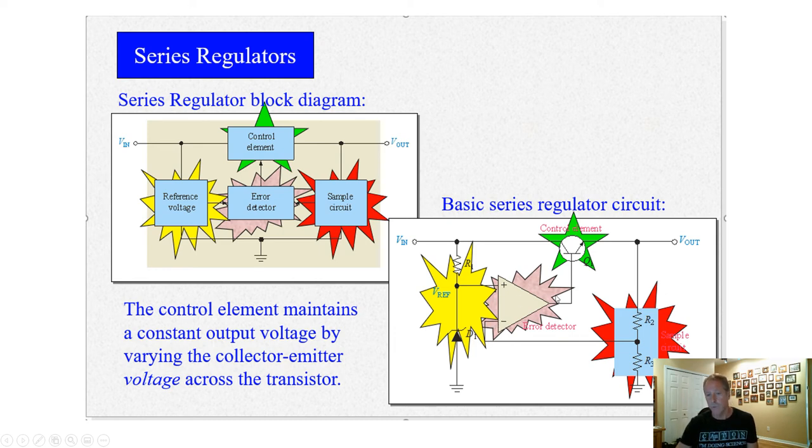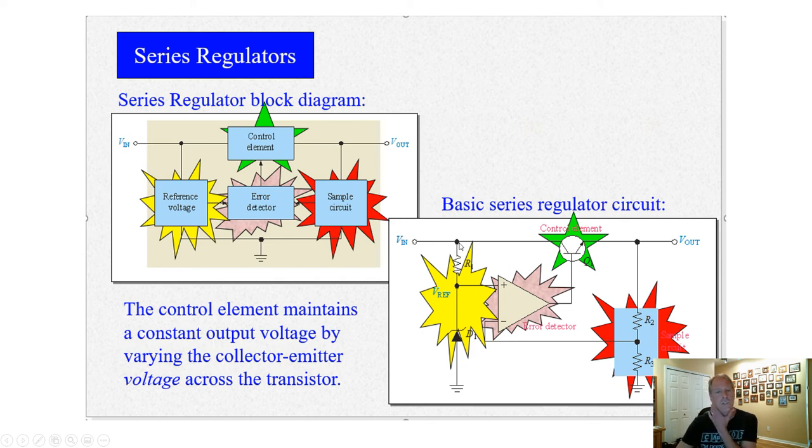It tries, with negative feedback, to force the output to cause the two inputs to be the same through this feedback. So this is your reference voltage. It's a Zener diode, right? And so it's relatively constant with your input voltage. So the input voltage can change, but the Zener reference is going to stay the same, right?